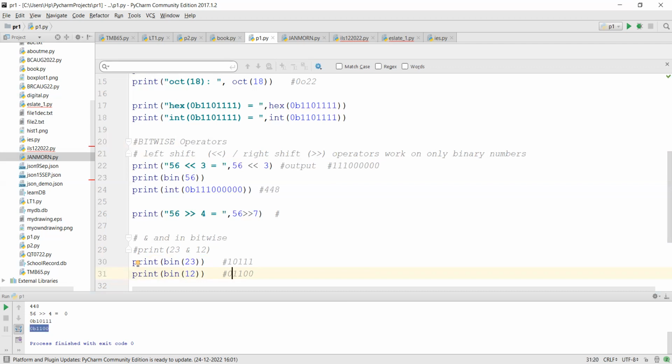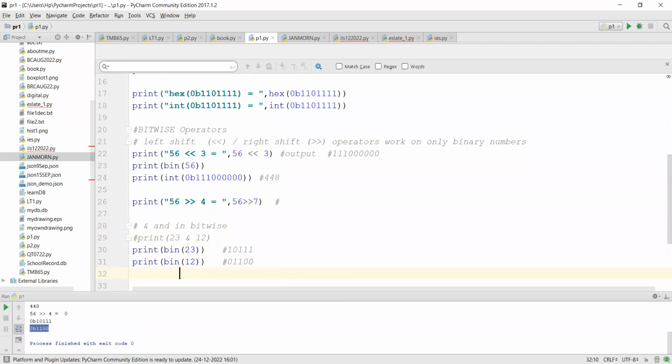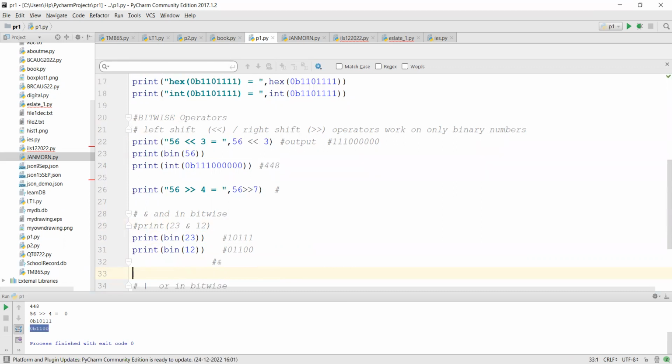Now what did we say? We said AND. Now you're performing AND bitwise. Bitwise AND means at every bit you're performing AND. Okay. So what is 1 and 0?